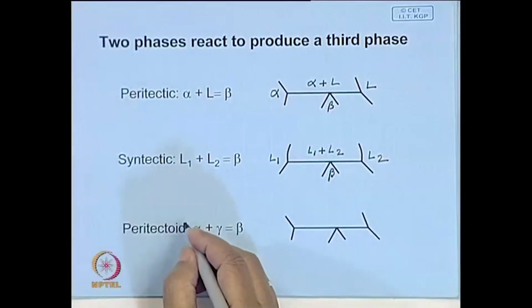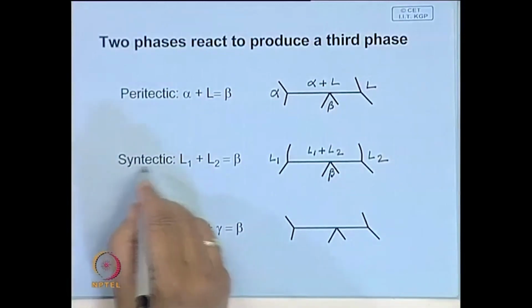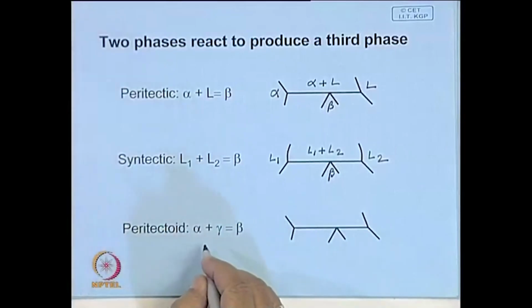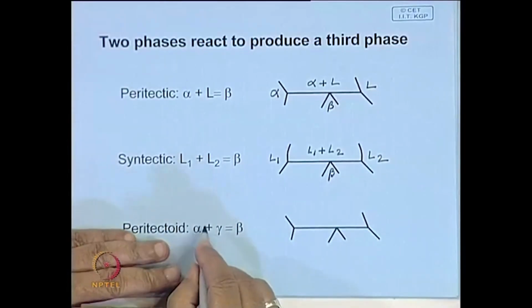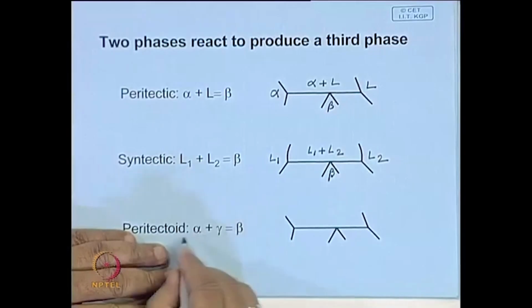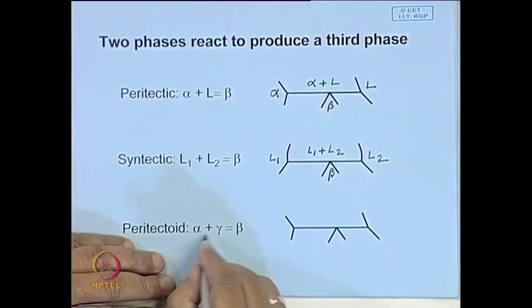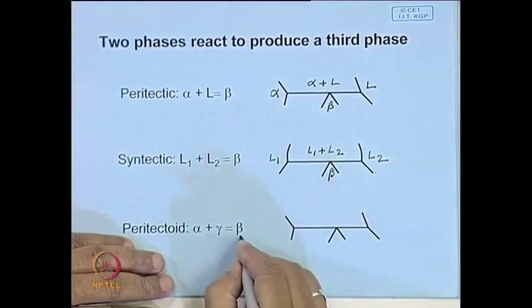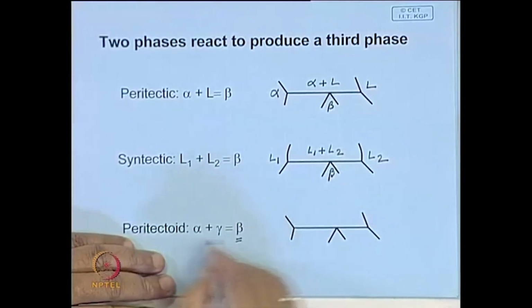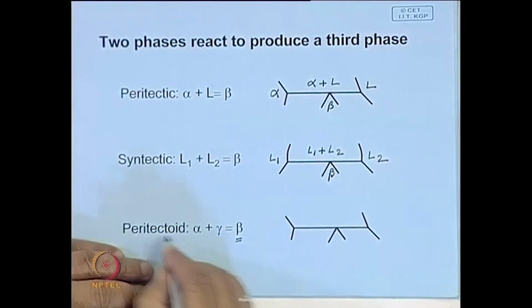So, this is a possibility and this is called syntectic reaction. And like eutectoid, it is also possible that two solid phases react and produce a third solid phase, and this is called peritectoid.